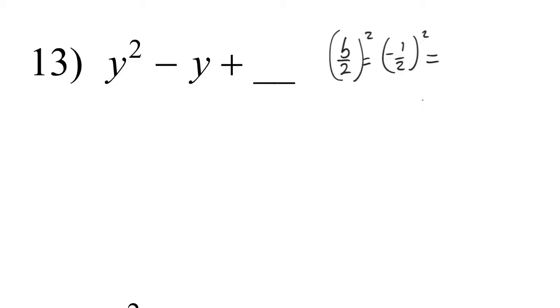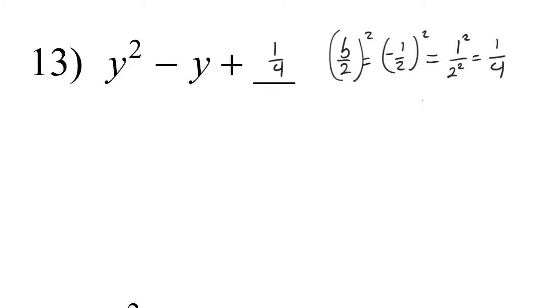Now, how do we square a fraction? Well, first of all, we know that we have a negative times a negative, so we know that we're going to have a positive answer. And when you square a fraction, you square the top and you square the bottom. 1 squared is 1, 2 squared is 4, and so this becomes a 1/4.